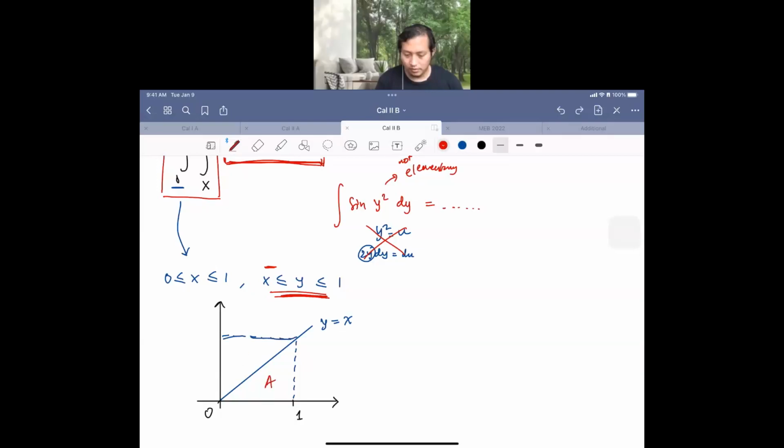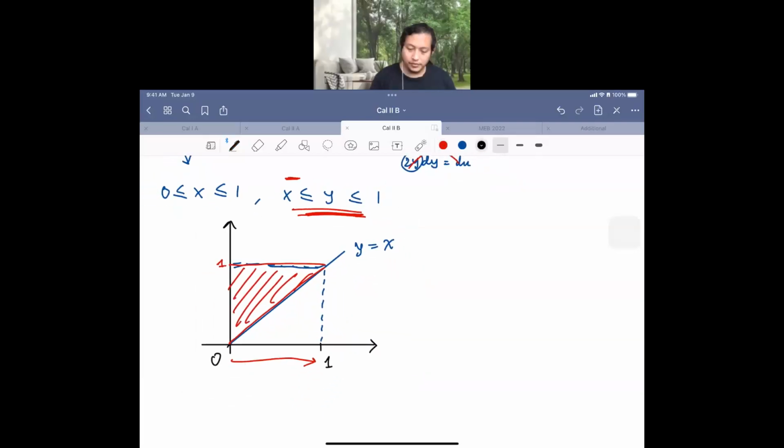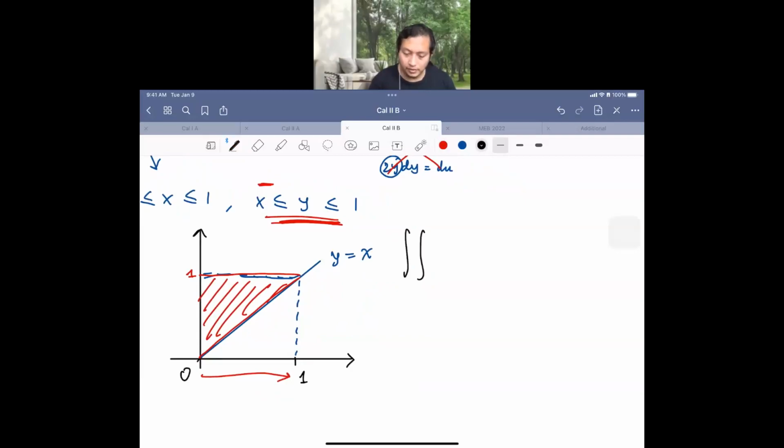Which one, right? So if we look carefully, from 0 to 1 is our x, and y is from this line up until y equals 1, which is this. So this will be our area. I hope this is clear. So let me write the original one.